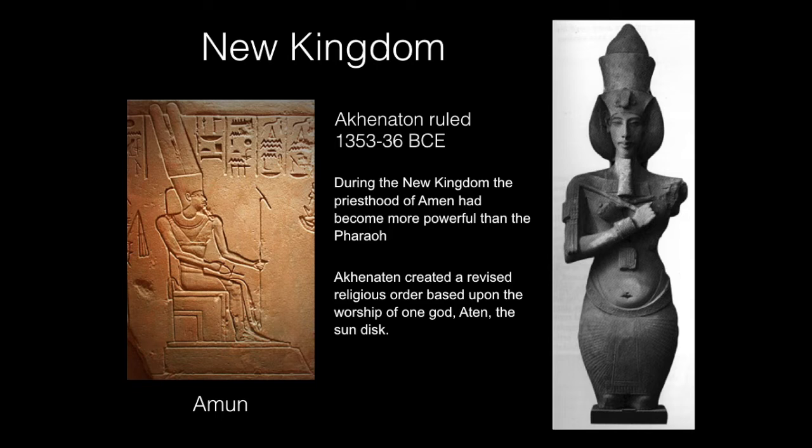He also adopted a very new style of art. We'll start talking about that, this way in which Akhenaten wanted to introduce faces and figures which were not so idealized, where his own personal physical traits would be visible.